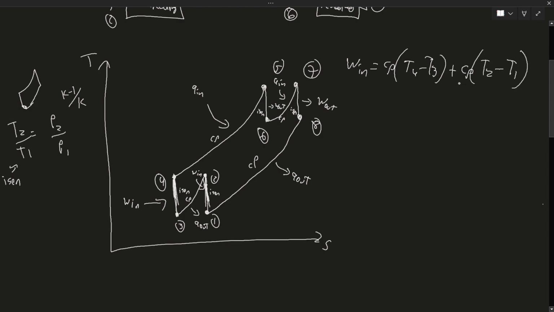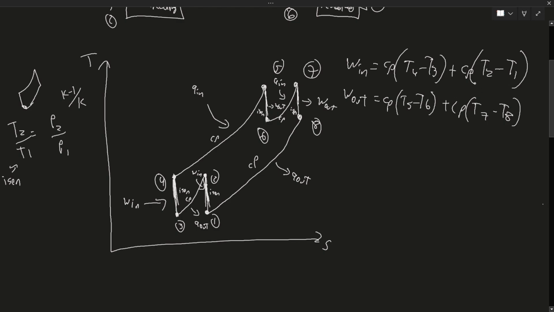That's it. Work out is equal to Cp (T5 minus T6), and over here, wherever you see the straight line, T7 minus T8.